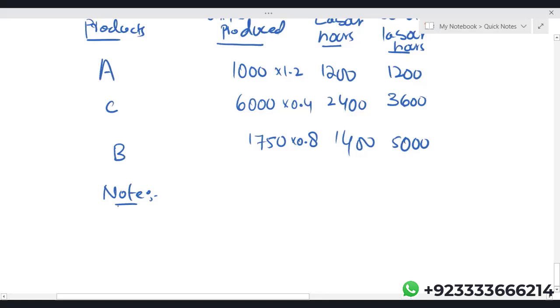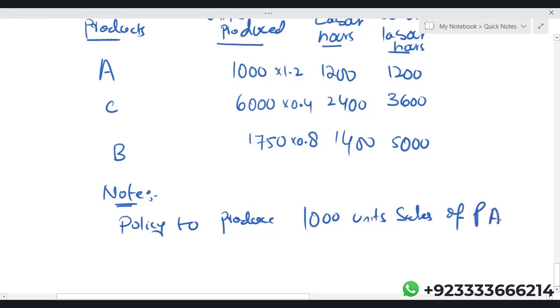Note: policy to produce 1,000 units sales of product A. That is why we did this, and the limiting factor is labor hours.